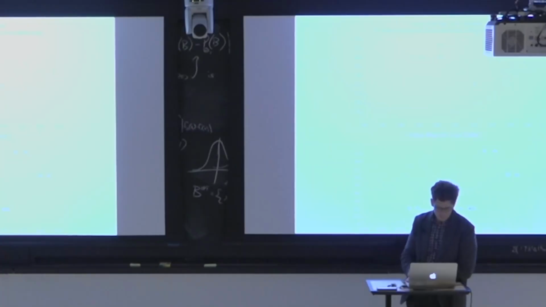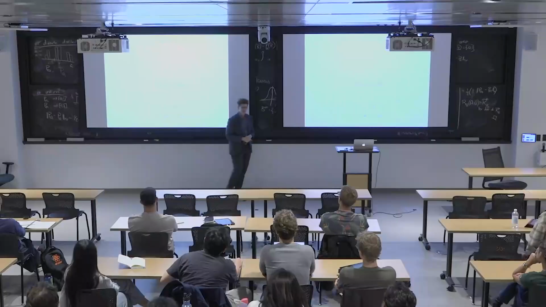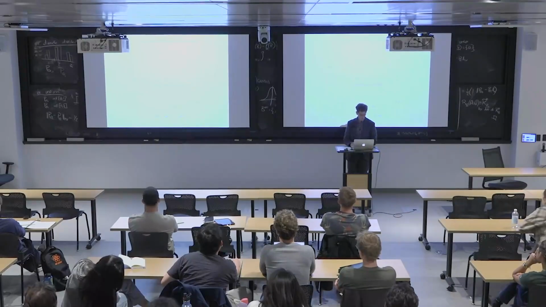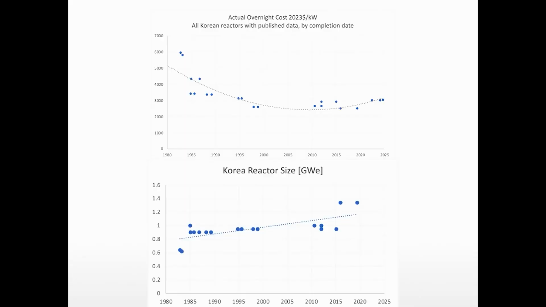So this is what explains the India stuff. Here's their Indian reactor size, and you can see that the reactors are getting larger. And this basically accounts for the cost trend. It also describes some of what was going on in Korea.